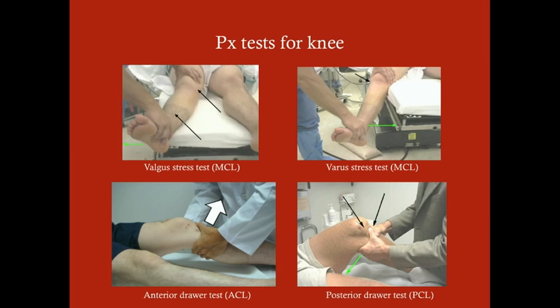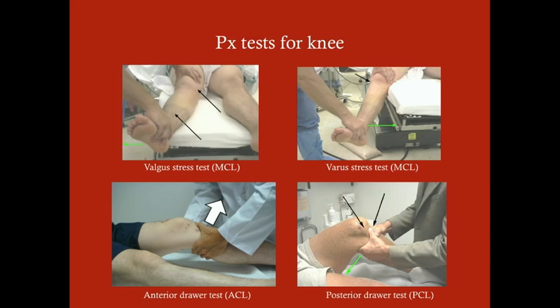So these are the tests that you do. The valgus stress test, which is the one we were talking about, tests the MCL. Your MCL stabilizes your leg from going into valgus, and valgus, remember, is like knock knees. So what you're doing here is stabilizing the knee and pulling the leg laterally.